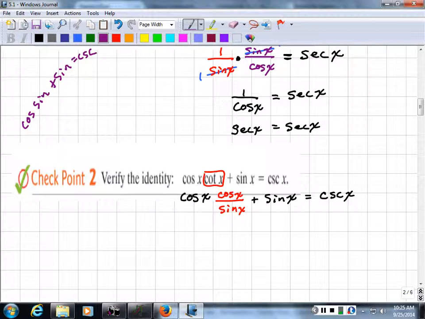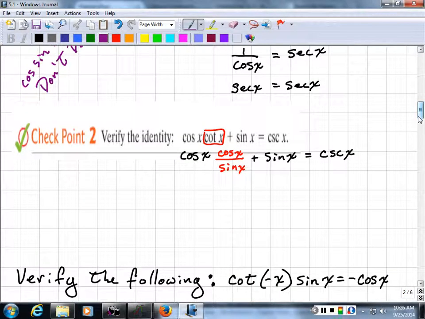Because that makes no sense whatsoever. All trigonometric functions must have an argument. If they don't, it's nothing. Okay? Don't do that.